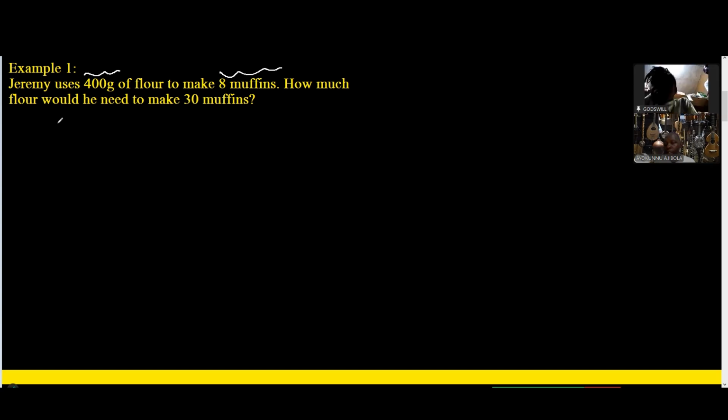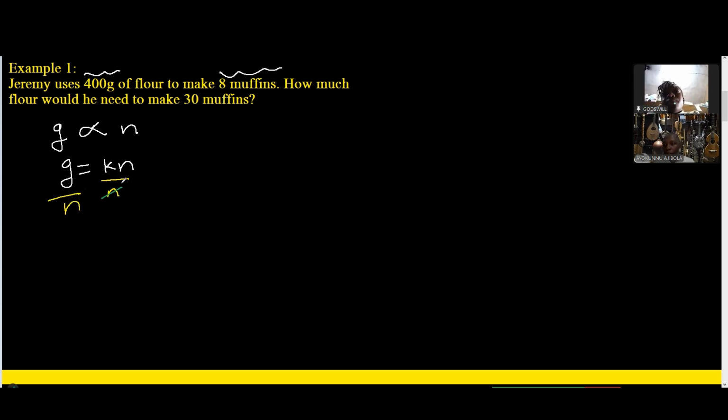If it's direct, you just say the grams of flour is directly proportional to the number of muffins, okay? So you can say G equals constant times N. You find your constant by dividing both sides by N, okay?